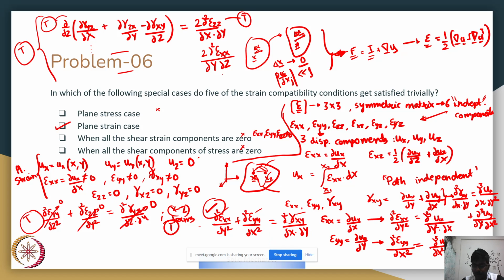And if we substitute the definition of each of these strain components, you see that this whole equation actually turns out to be a third order differential equation in ux and uy. So no matter what ux and uy you take, this equation will always be satisfied, correct?